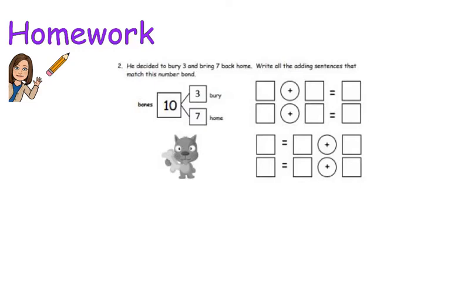Okay, and then number 2 says, he decided to bury 3 and bring 7 back home. Write all the adding sentences that match his number bond. So again, we're going to fill in our equations here. And then write the switch.